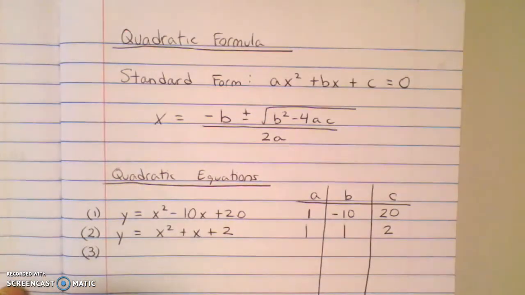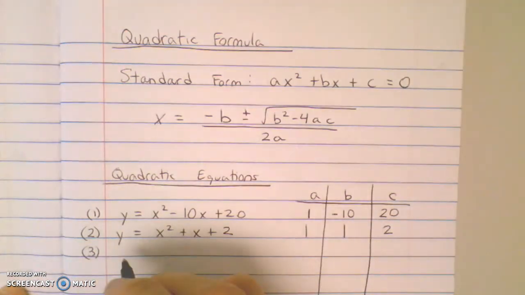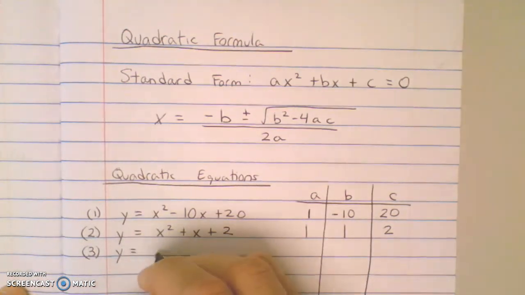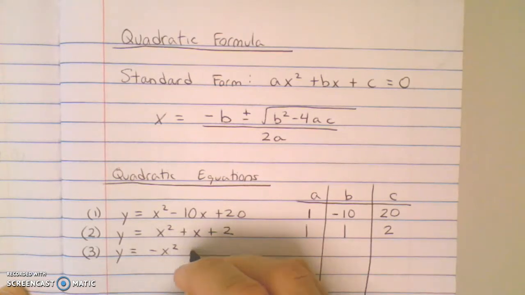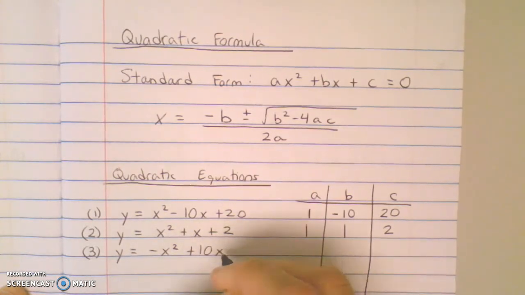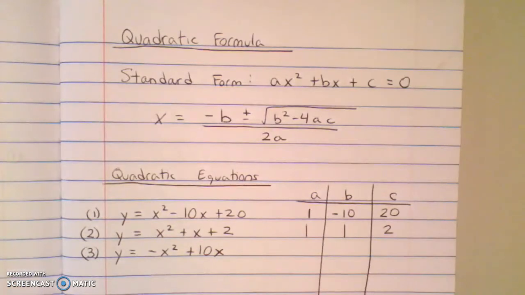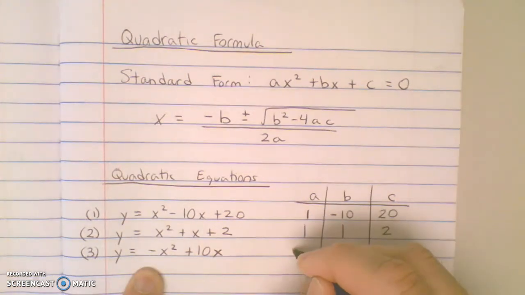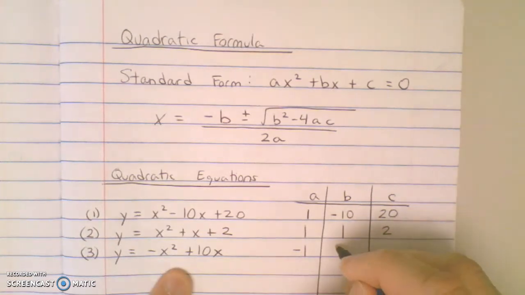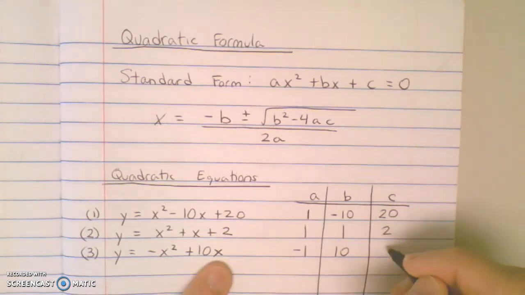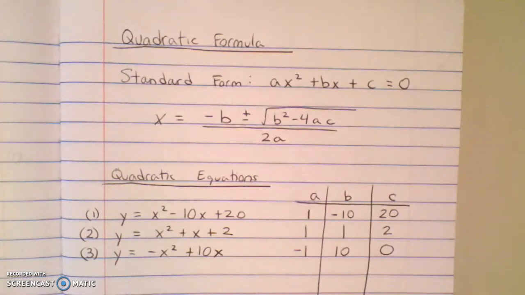Some other examples. In this problem, the coefficient of x squared is negative 1, b is 10, but here there is no c value, so I put it as a 0.